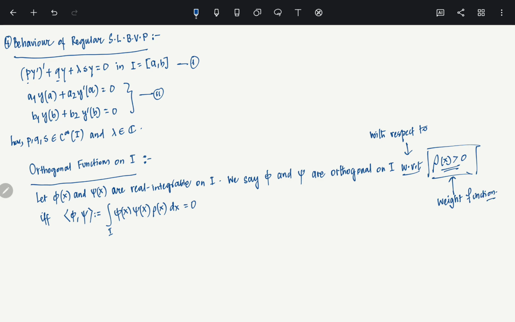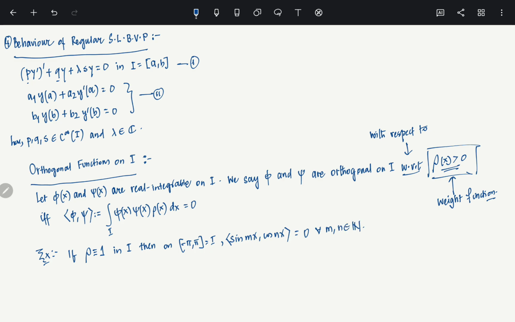Of course, as an example, we have already seen that if rho is exactly equal to 1 in some interval I, then on minus pi to pi, so that's your I, sine and cosine, sin mx and cos mx, the inner product of that is going to be 0 for all m, n in N. You remember that, right?